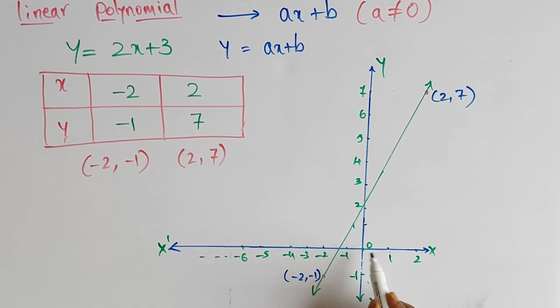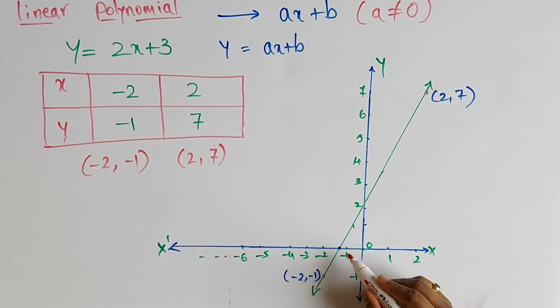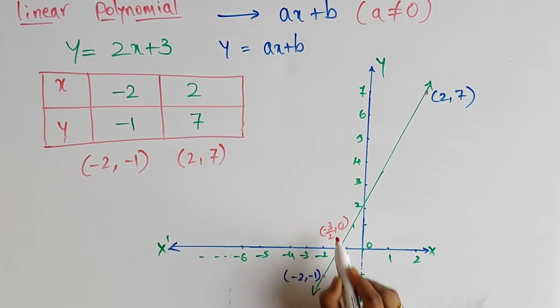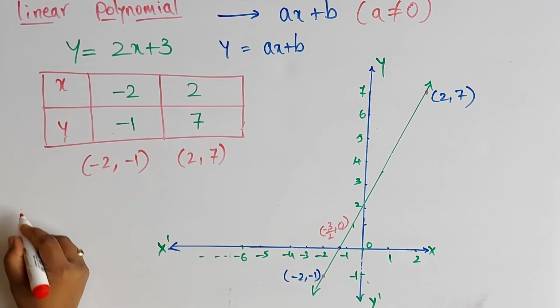Now observe carefully. This straight line intersects the x-axis at only one point. Correct, children? Only here it is intersecting. Right? So this point is the zero of the polynomial. Right, children? This is minus 3 by 2 and 0. Correct? We know how to find the zeros of the polynomial.